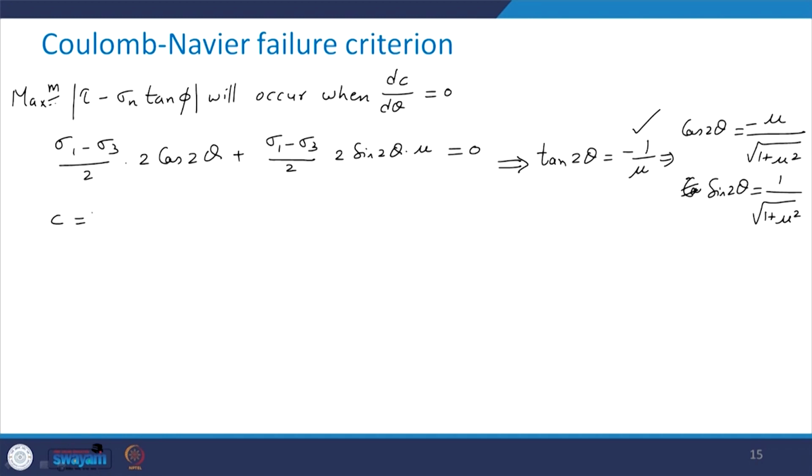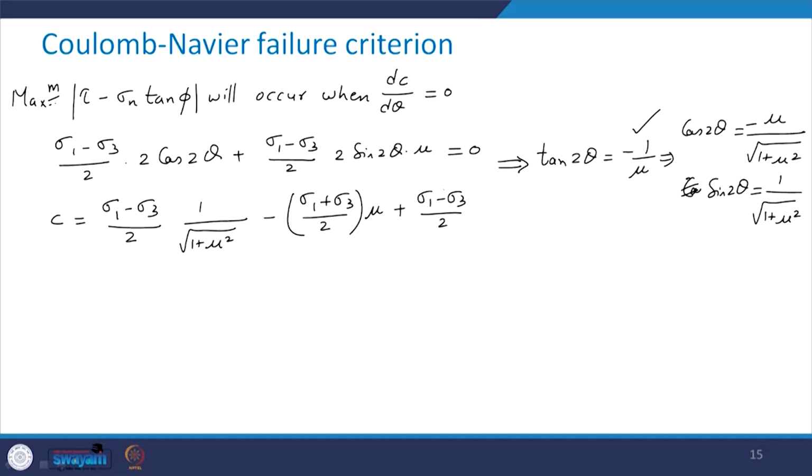So C is equal to (sigma 1 minus sigma 3) upon 2, 1 upon square root of 1 plus mu square, minus (sigma 1 plus sigma 3) upon 2 mu, plus (sigma 1 minus sigma 3) upon 2, mu upon square root of 1 plus mu square, and then you already have 1 mu here.